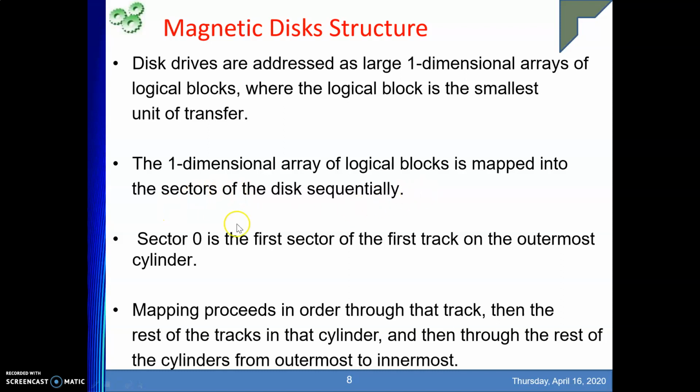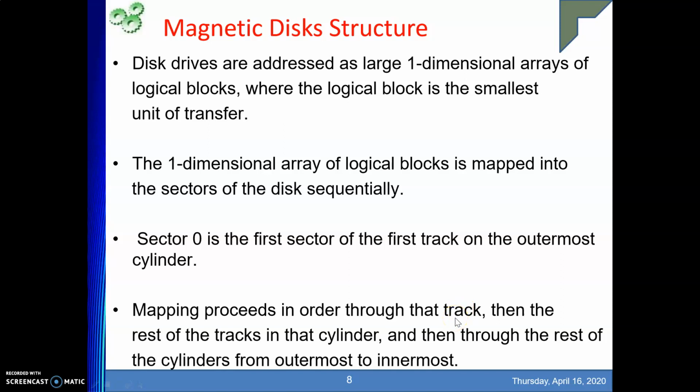So how are we storing it? Sector 0 is the first sector of the first track on the outermost cylinder. There we store the information first. Whom do we consider the first sector? The outermost cylinder, right? Then mapping proceeds in order through that track.